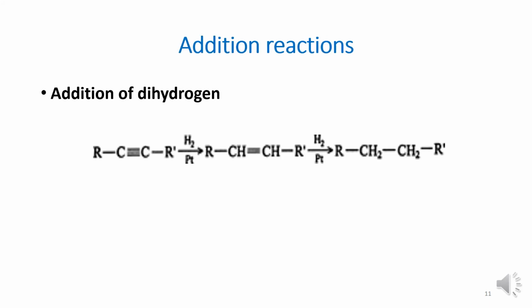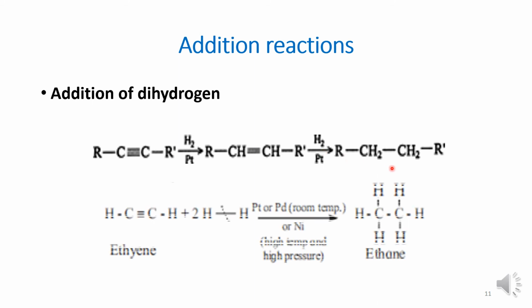Now, addition of dihydrogen to alkyne. If this is the alkyne, when hydrogen is added at room temperature, a platinum or palladium catalyst will be used. It will first turn into alkene, and on further reaction with hydrogen, it will finally turn into alkane.